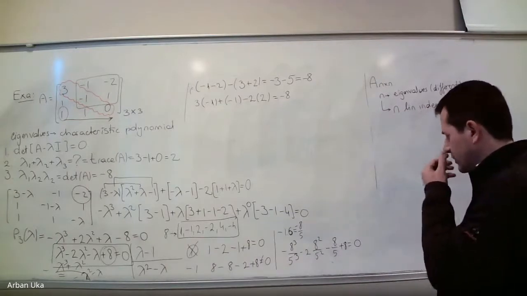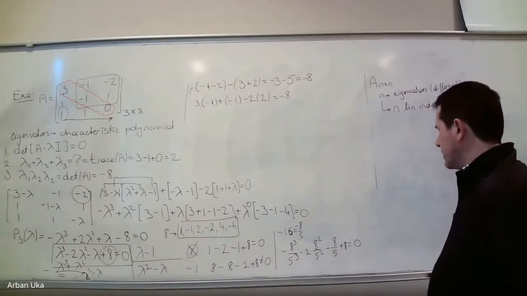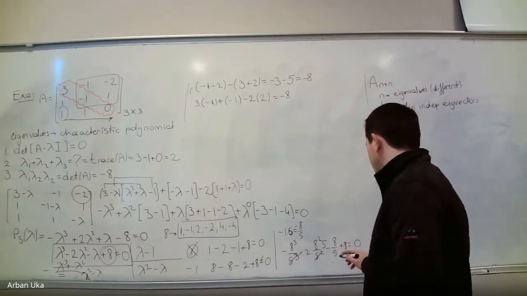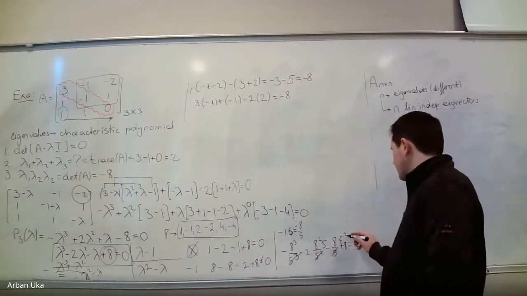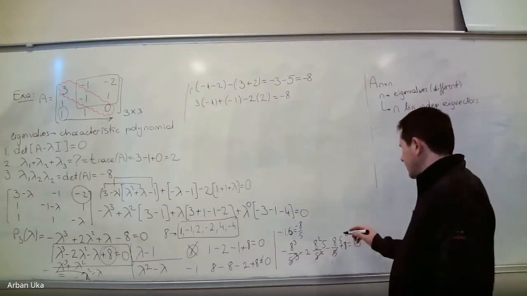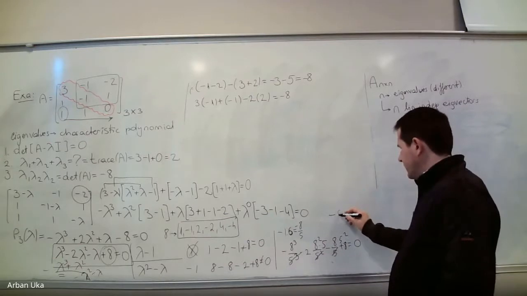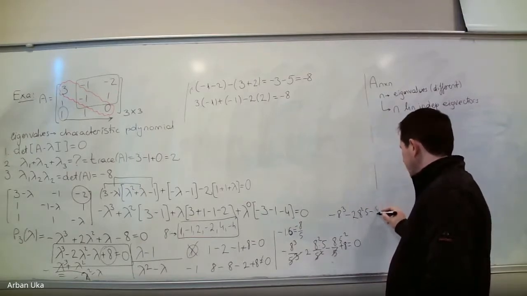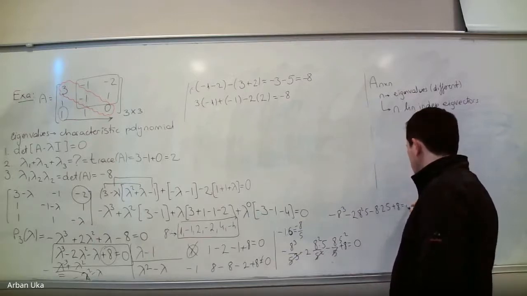So what we can do is multiply by 5 to the power 3 everywhere. We multiply the terms by 5 cubed, 5, and 5 squared, and what we obtain is minus 8 to the power 3, minus 2 times 8 squared times 5, minus 8 times 25, plus 8, which should be equal to 0.